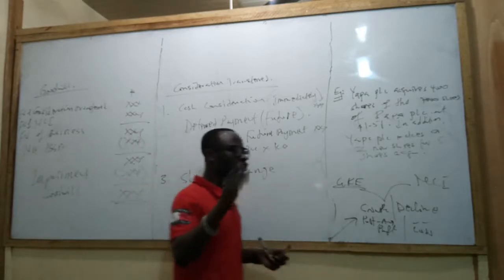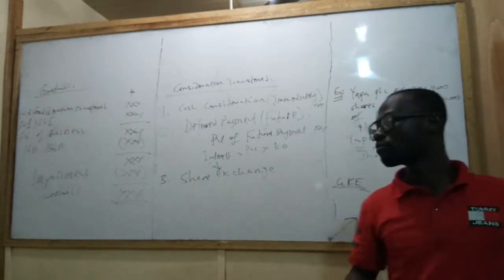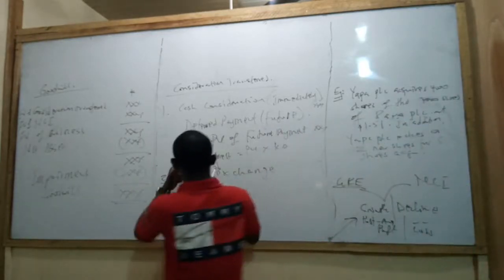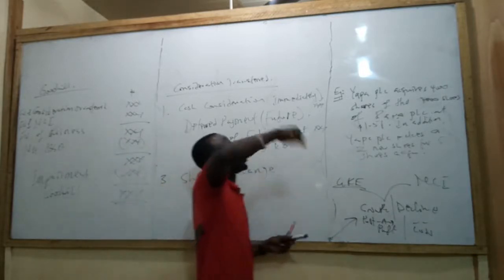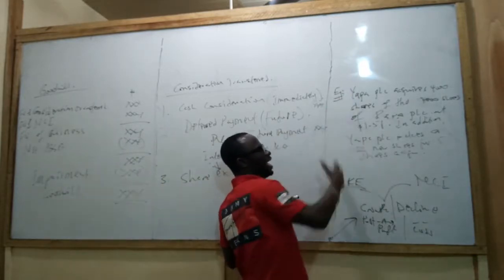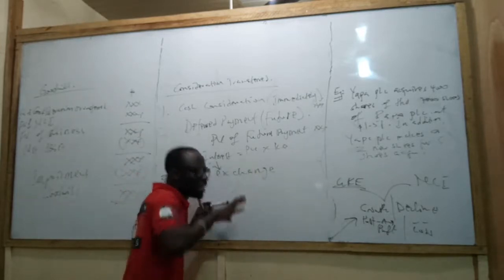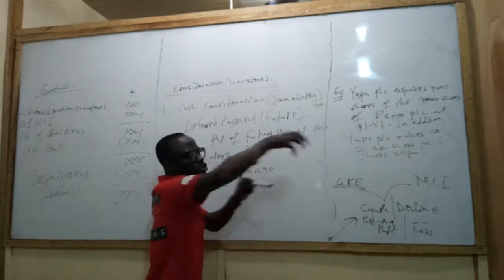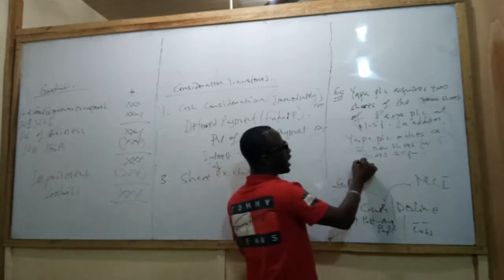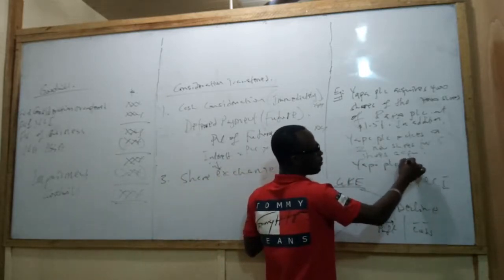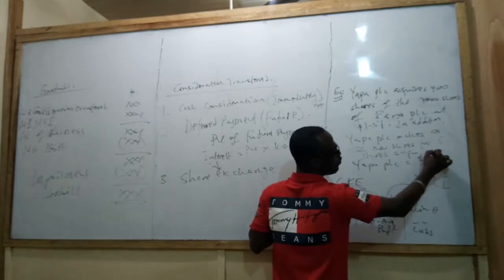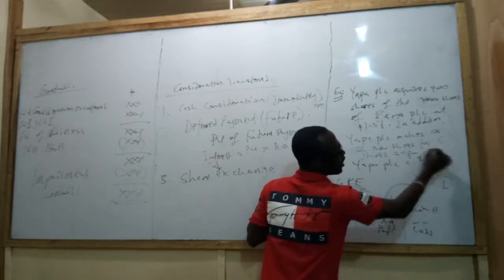Now, please note this very carefully. Anytime there is a share exchange, we are going to use the share price of the parent company in calculating the value. Why? Because it is the parent company that is doing the share issue. So let me say that Yapa, the parent company in this case, has a share price of 2.1.